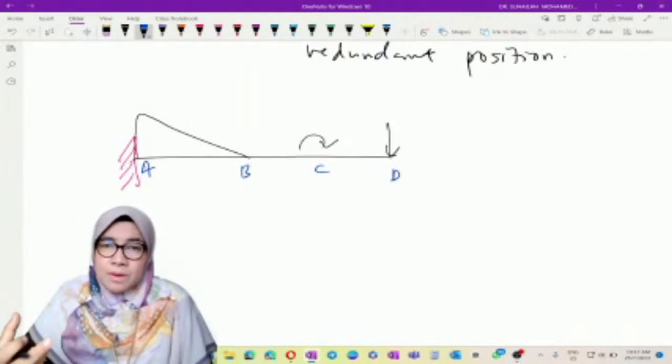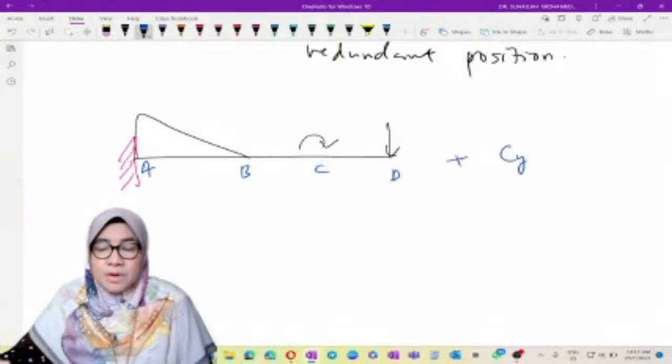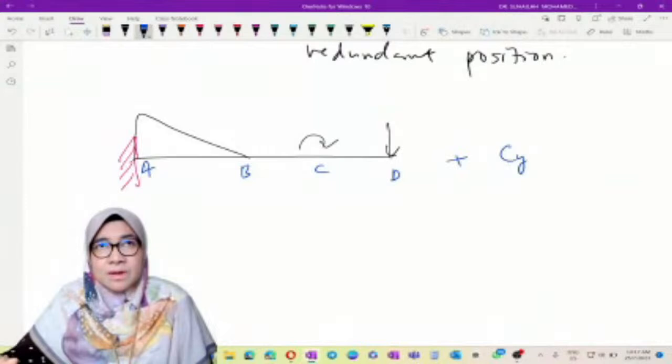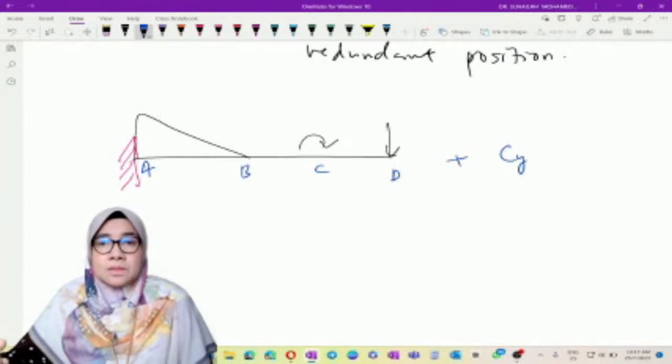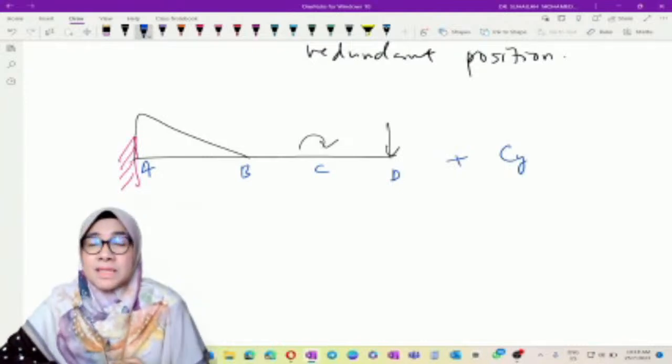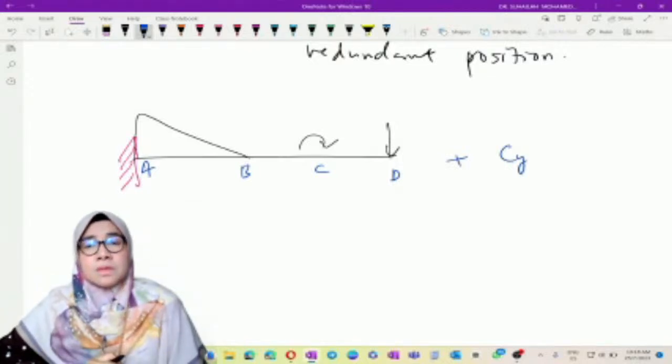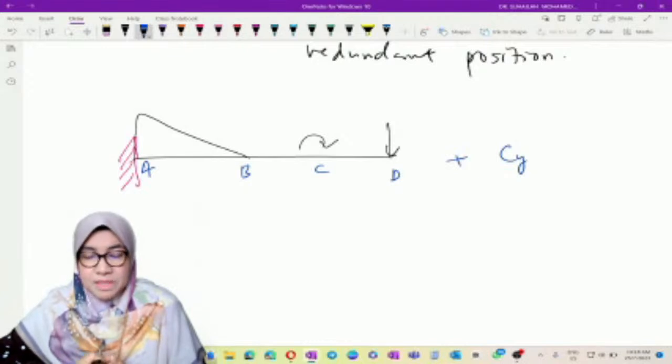A cantilever beam will occur whenever we remove CY. To get the cantilever beam, the reaction that we remove from the system is the roller CY.